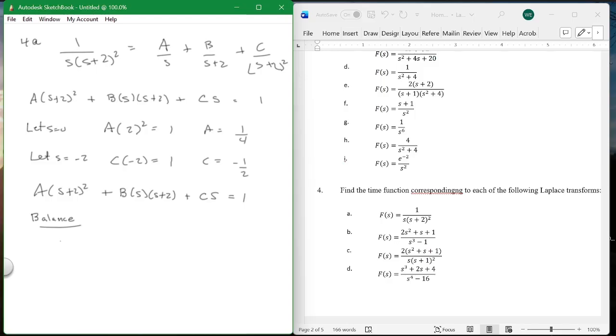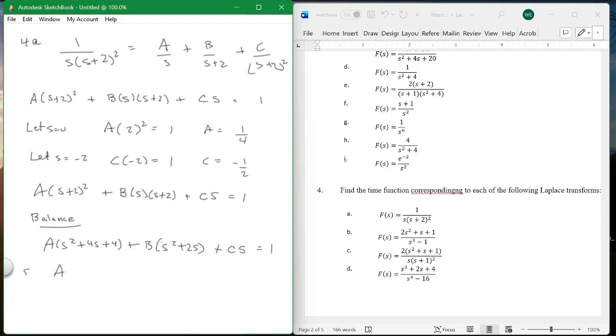So let's look at that. So that's A times s squared plus 4s plus 4 plus B times s squared plus 2s plus C s equals 1. So let's just look at the squared terms.